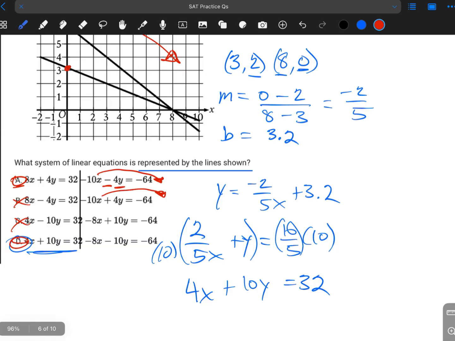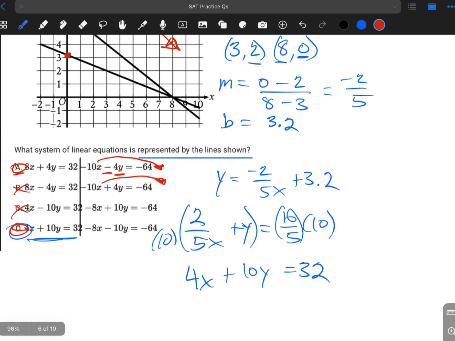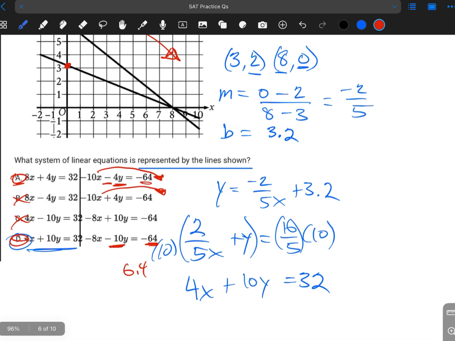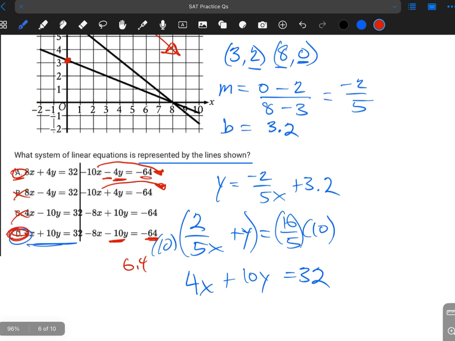Take a look. If you have 64 divided by 10, you get 6.4. So that's potentially one. And you have 64 divided by 4. Well, that's not going to give you 6 point something. So the only answer choice is D.